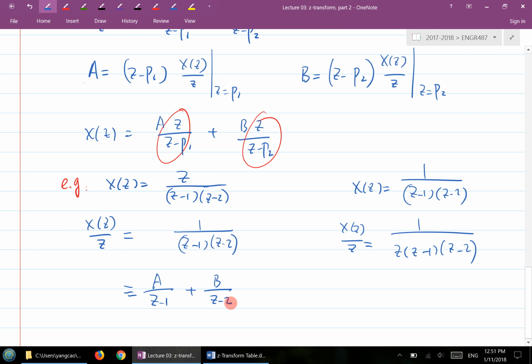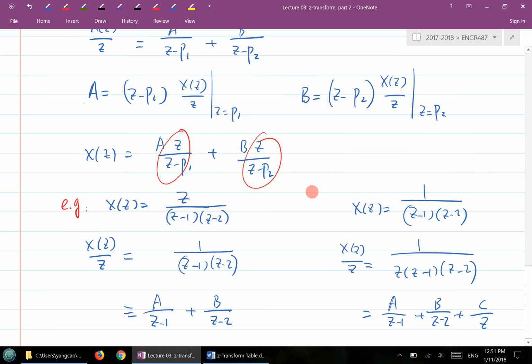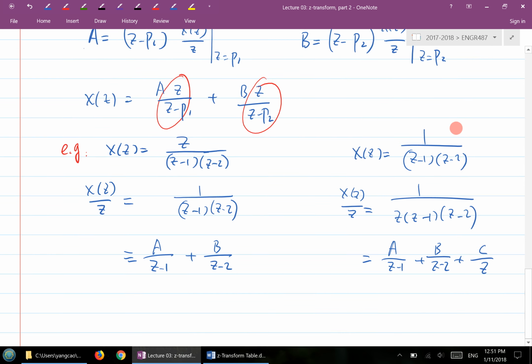And on this one, it would be A over z minus 1, B over z minus 2, and then C over z. That's the only difference. But in terms of finding A, B, C, you use the same approach as this one.